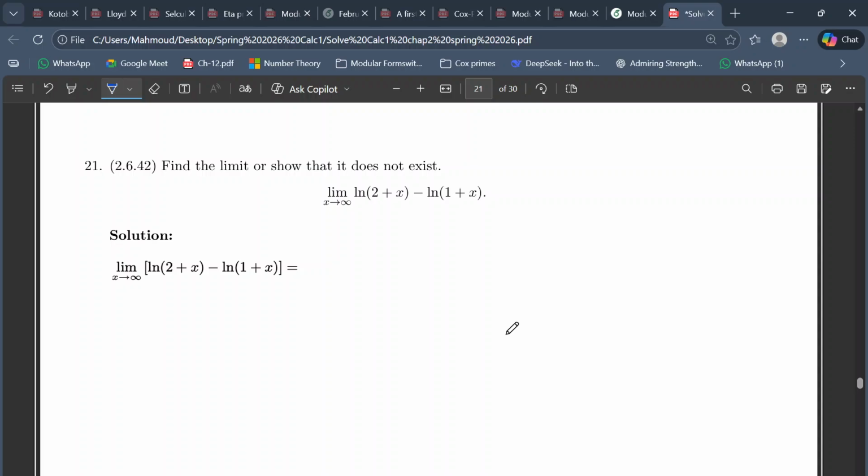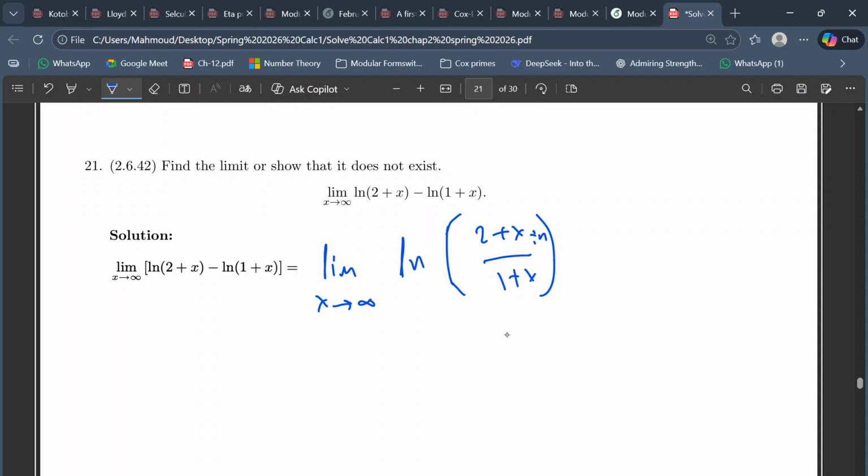Find the limit or show that it does not exist. You want to do it like this: the limit as x goes to infinity of ln((2 plus x) over (1 plus x)). What's the next step? Inside we will divide by x, inside the ln, I mean.